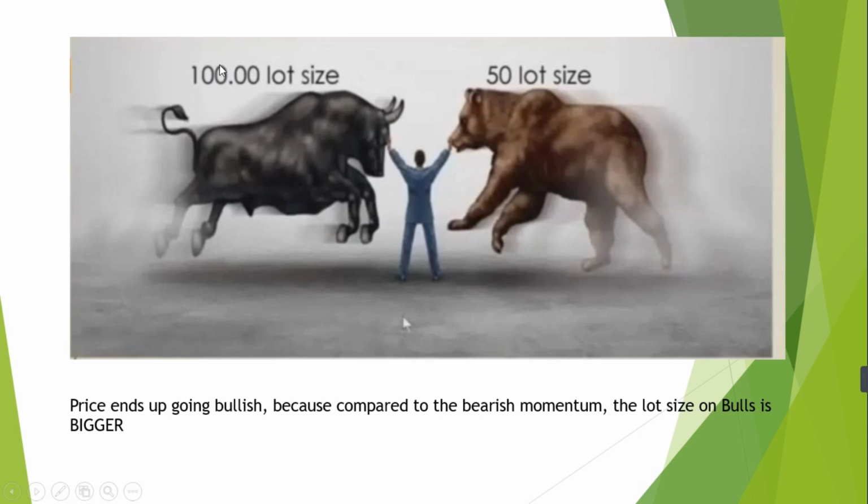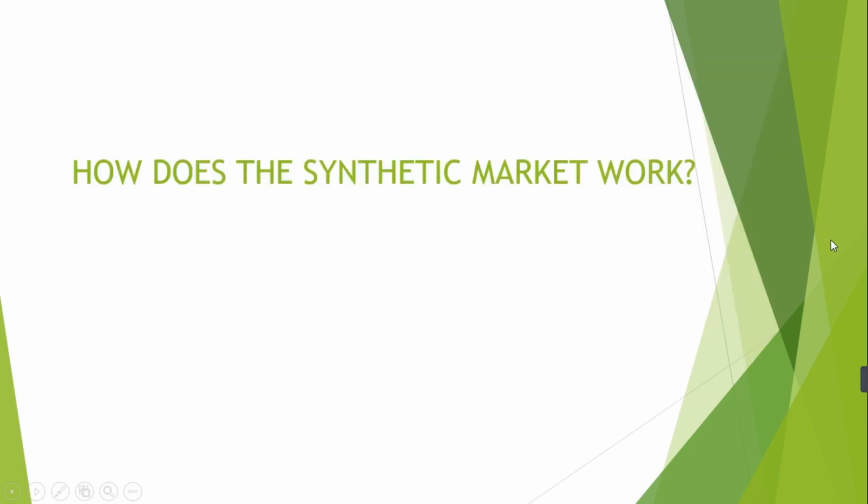Most of the money is on the bull side, so they will have the power to push the market. If the volume is almost equal, that's when the market will be consolidating. It just shows that there's no volume in the market. So in this case, price goes upwards because compared to the bearish momentum, the lot size of the bulls is larger. The market ends up rallying upwards.